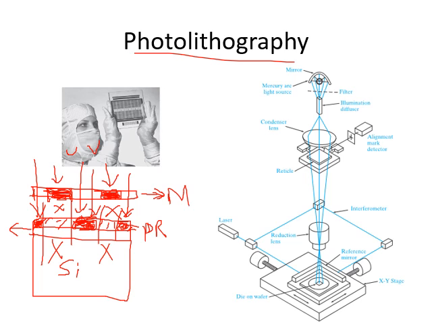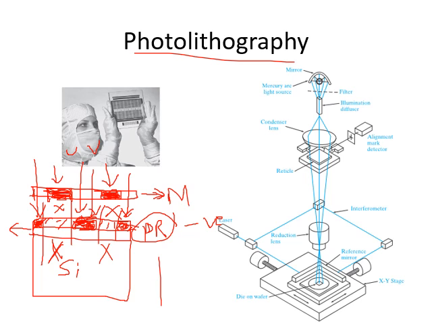Here the X indicates the unexposed part. Now I'll try to remove only this part, the unexposed part, so it is negative photoresist.